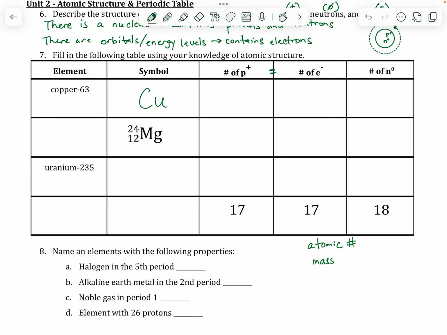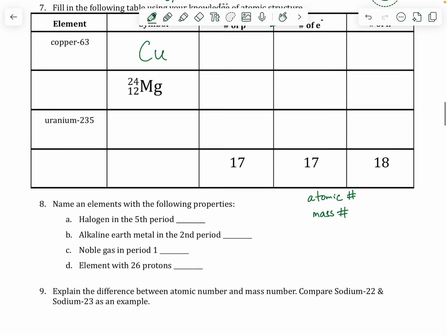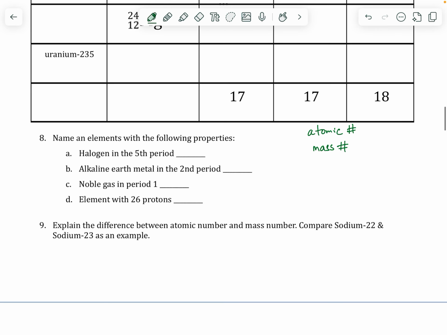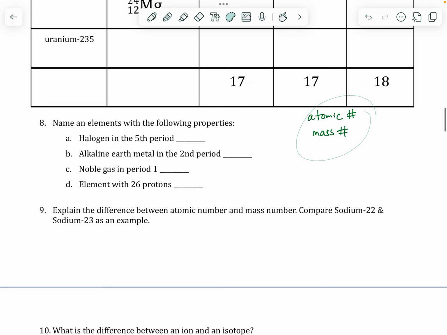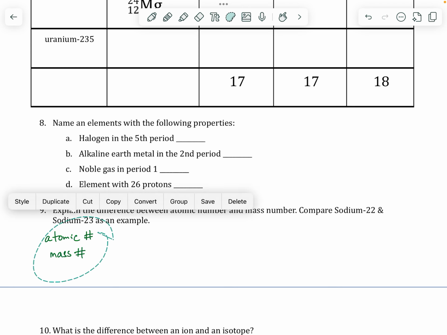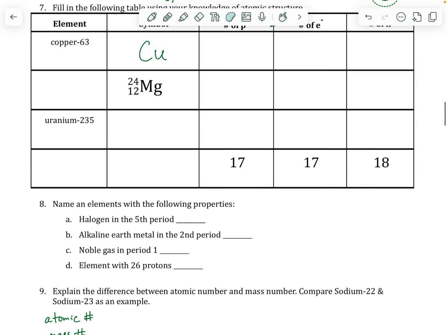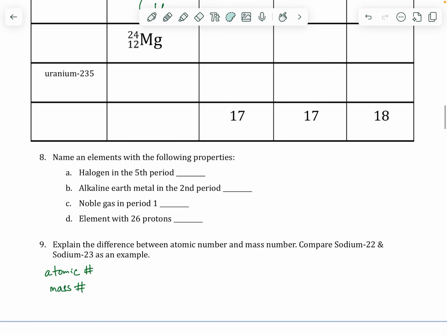And this is actually something that we're going to talk about a little bit later. Actually, you know what? Let's do it now. So we want to figure out what the difference between these two things is first before we go up and fill this out, so we can identify all of our values accurately.